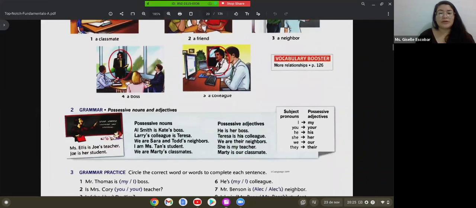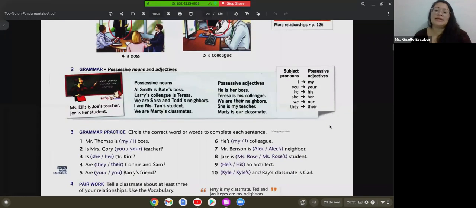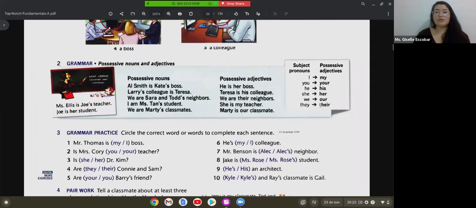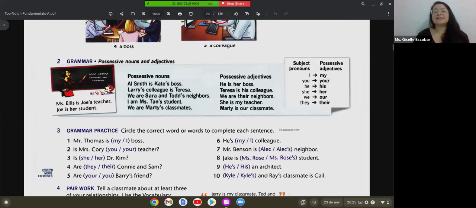So, let's keep practicing this. No encontré las otras conversaciones, pero we need to practice this. So, subject pronouns and possessive adjectives. What's the possessive adjective?